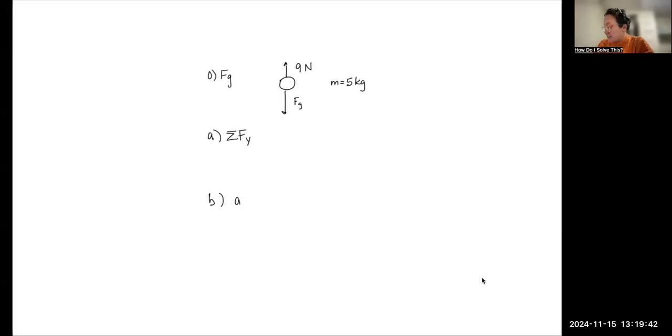And so the force of gravity is the mass times negative 9.8, which is negative 49 newtons. So I can say that this is 49 newtons down.